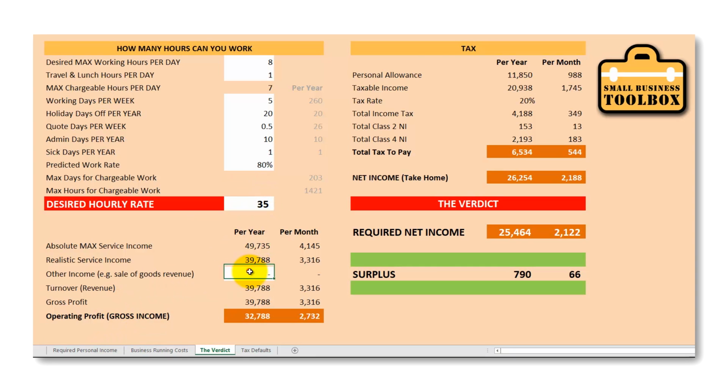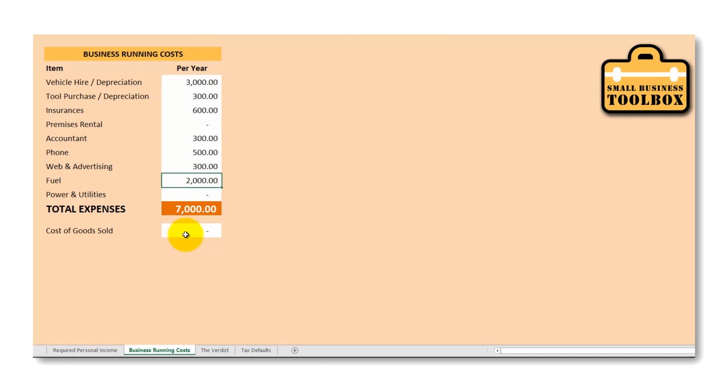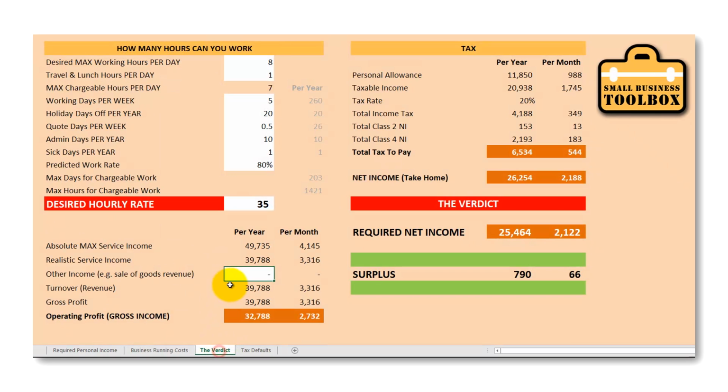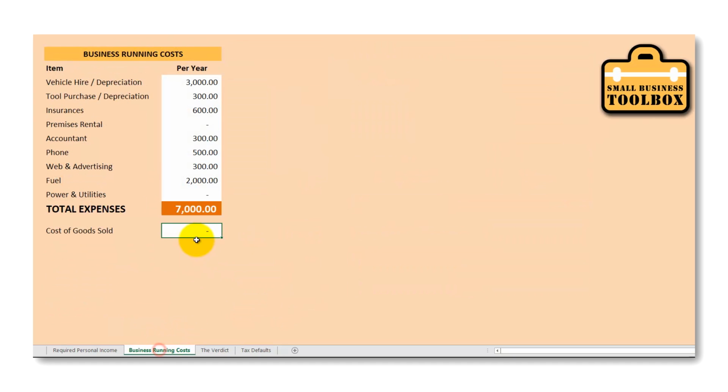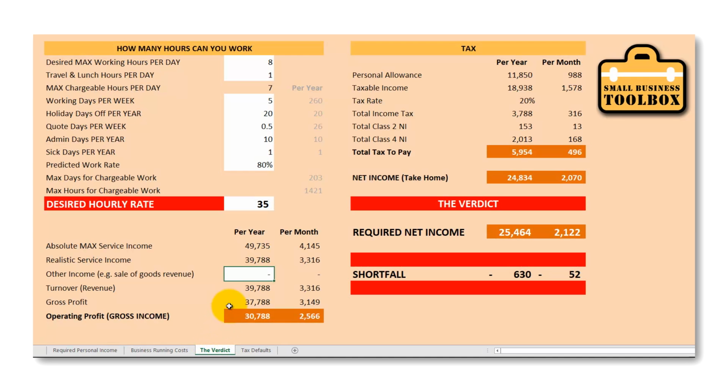I have allowed here as well for cost of goods sold and the revenue you've got from selling the cost of goods. So say, for example, you buy paint at £2,000 a year, but you charge a margin on top of that or a markup on the paint. So let's say you charge the customer double for the paint.